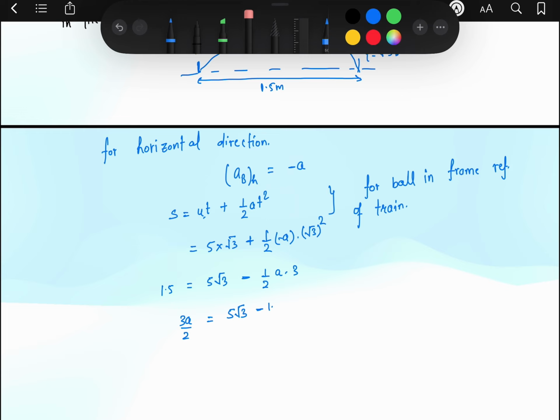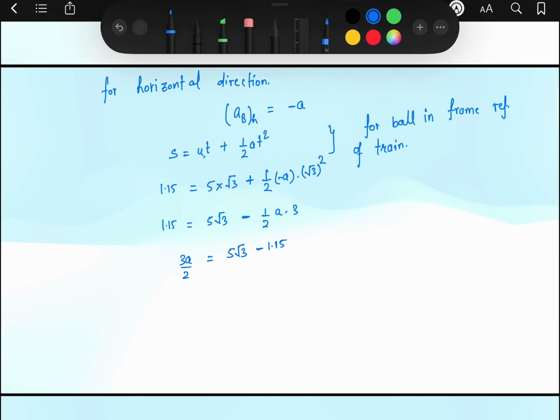So this value is 1.15 actually, 1.15 meter. So the value of this acceleration will be equal to 2 into 5 root 3 minus 1.15, divided by 3.